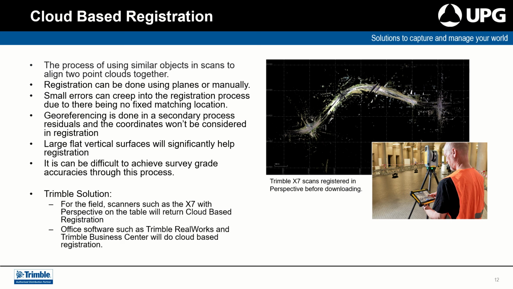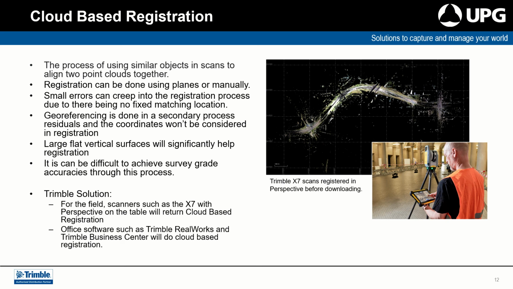It's always worth noting, though, if you're relying on the algorithms to match the scans together in both field and office processes, to make sure that you check the data to ensure that there is no ghosting and the data matches up properly, as relying on the algorithm can sometimes cause problems. With cloud-based registration, small errors can creep into the registration process due to there being no fixed matching locations.